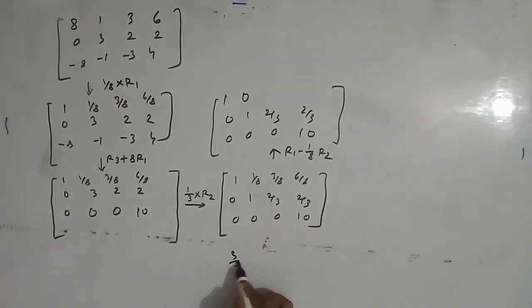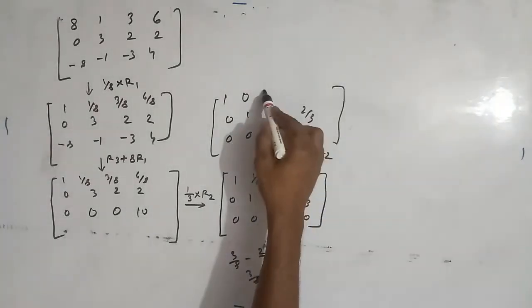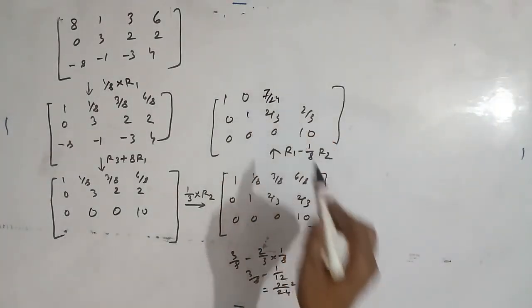So 3 by 8 minus 2 by 3 into 1 by 8. This will be 1 by 12. So this will be 24, and 9 minus 2. So 7 by 24.